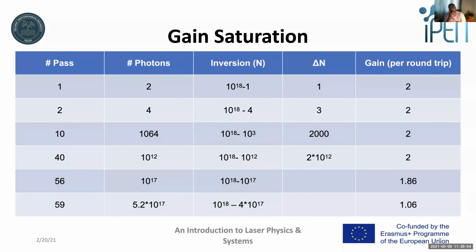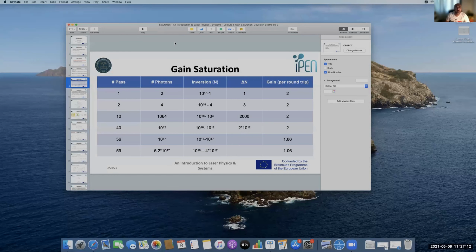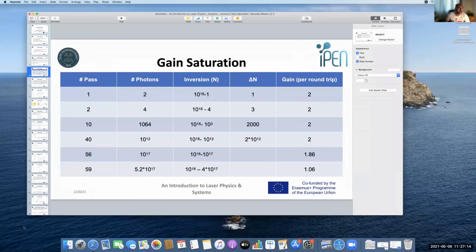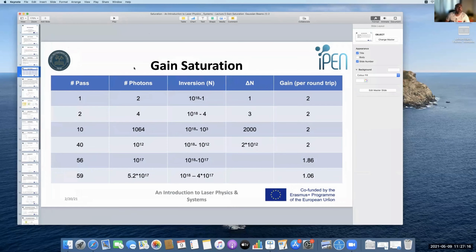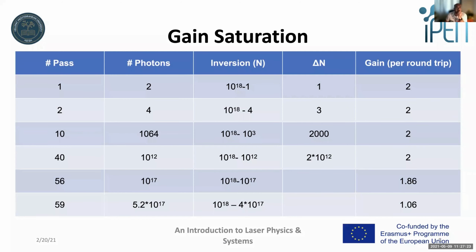So this is just an example. At the beginning, after one round trip, you can see over there that after one pass, we have two photons.